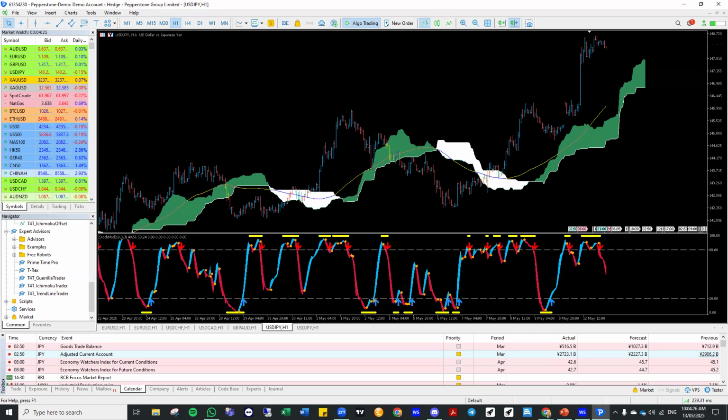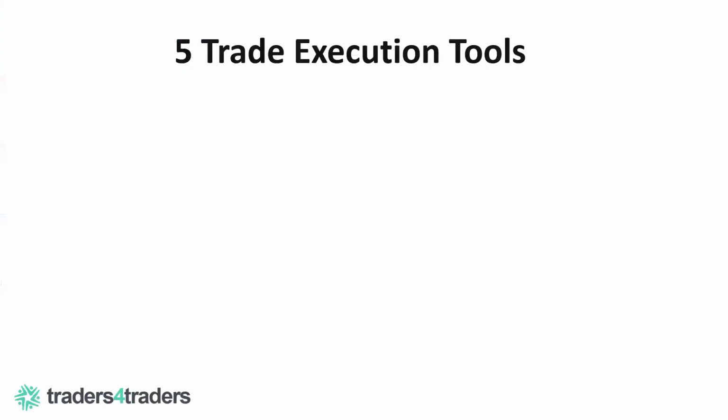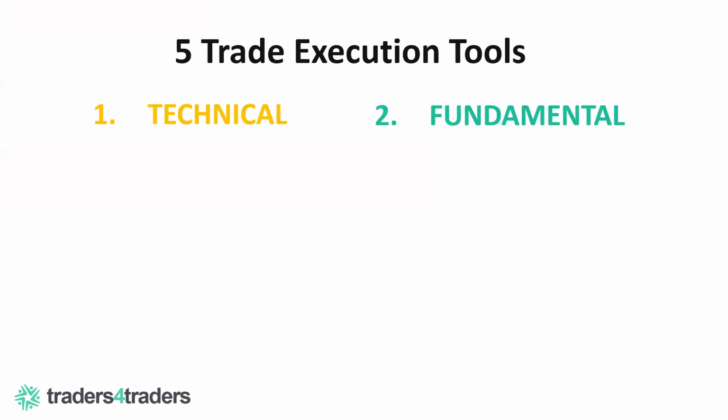Now, let's just get started because there's one key thing that you just need to remember, right? And let me just get the main page over. So there's five trade execution tools that we have, right? And there's two ways to look at this. And the way I built them, one set is for technical trades and one set is for fundamental trades.